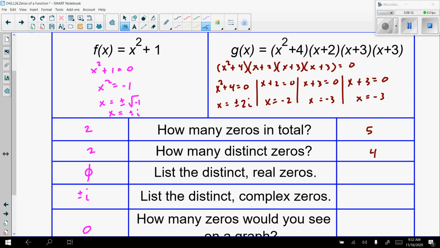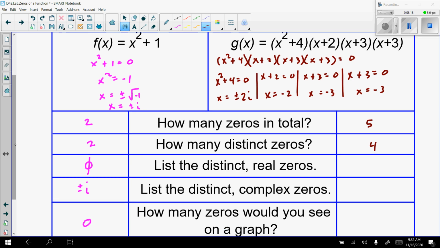The next question lists the distinct real zeros. Well, in this problem, they are negative 2. Distinct means different, so I will not repeat, and negative 3. Next, list the distinct complex zeros. Well, we have plus and minus 2i. That is complex.